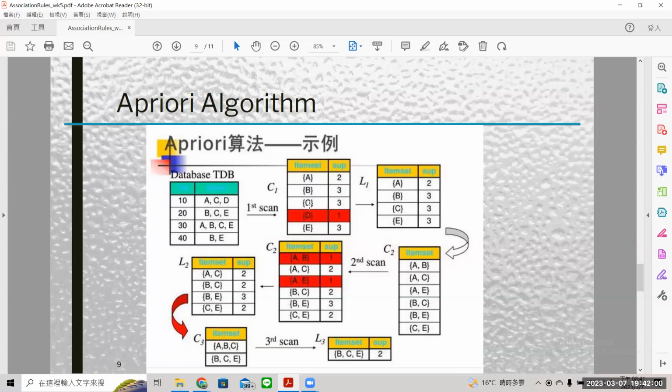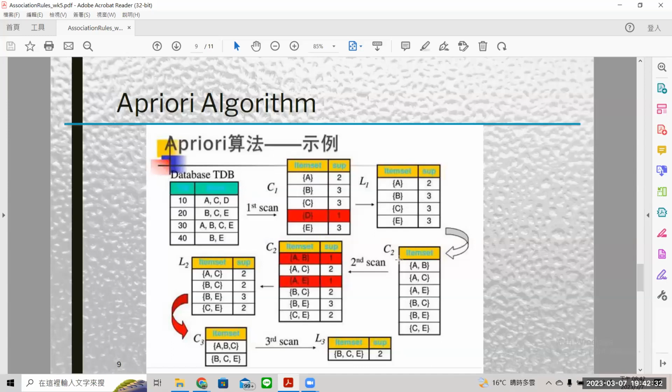And C also 3. You can check. But D is 1, right? So D maybe is minor, not important. So we go into the next one. We'll cut D. So only the ABCE item set will be analyzed in the next step. Then for ABCE, what combinations will we get? Just like this: AB, AC, AE, BC, BE, CE.